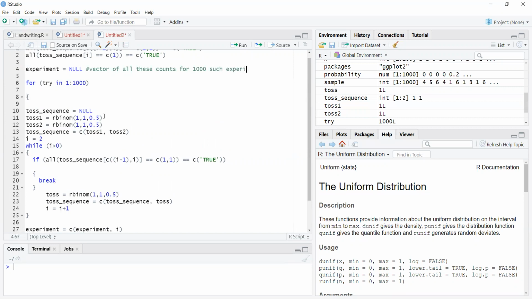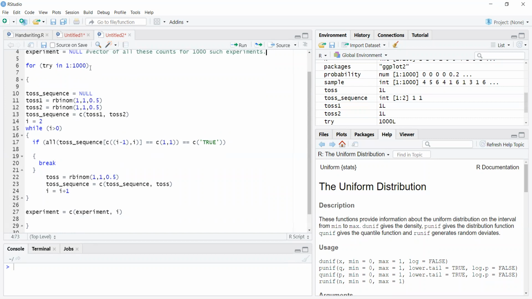You do this experiment 1,000 times and take the average. So you set it to be NULL, because you have not done an experiment yet.